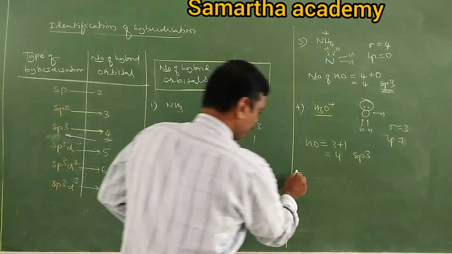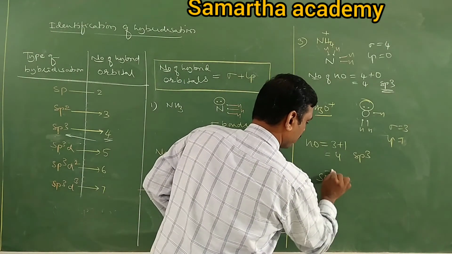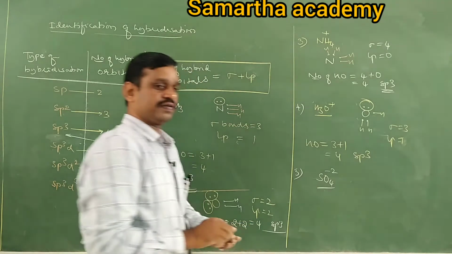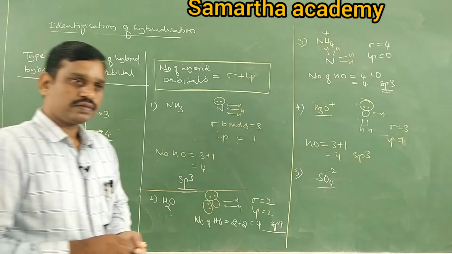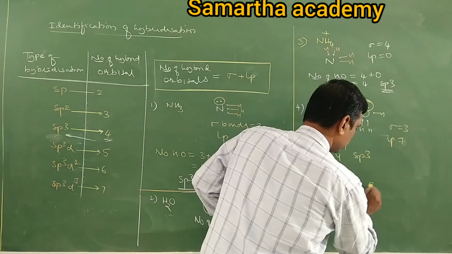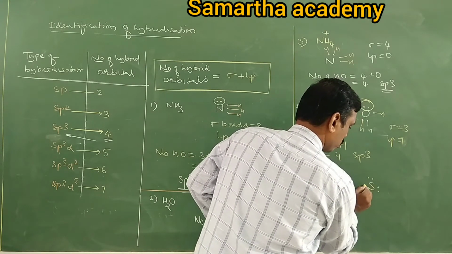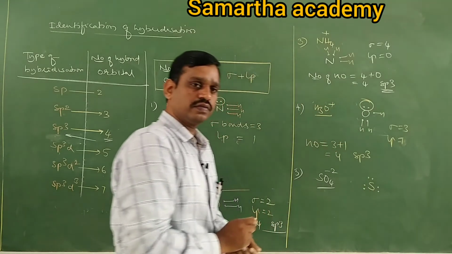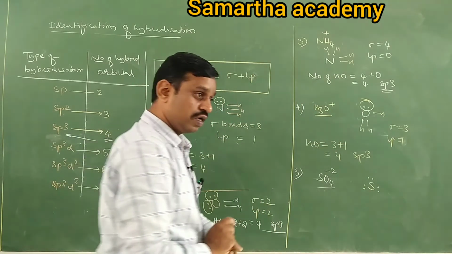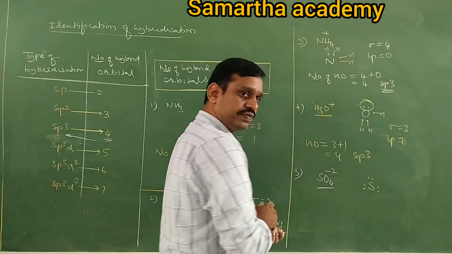Next, fifth one, let us take one more ion, SO4 2 minus, sulfate. Okay, tell me, in sulfate we know that sulfur has 6 valence electrons because it is a 16 group element, right? Yes or no? Come on, tell me, there is a minus 2 charge, right?